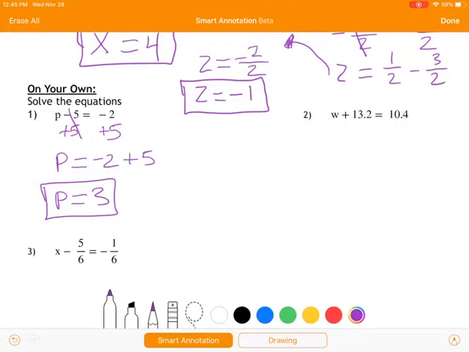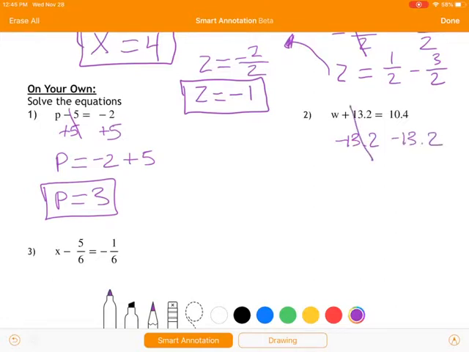All right, and number 2, w plus 13.2 equals 10.4. So our operation is addition. So to undo that, we would have to subtract. So we're going to subtract 13.2 from both sides.